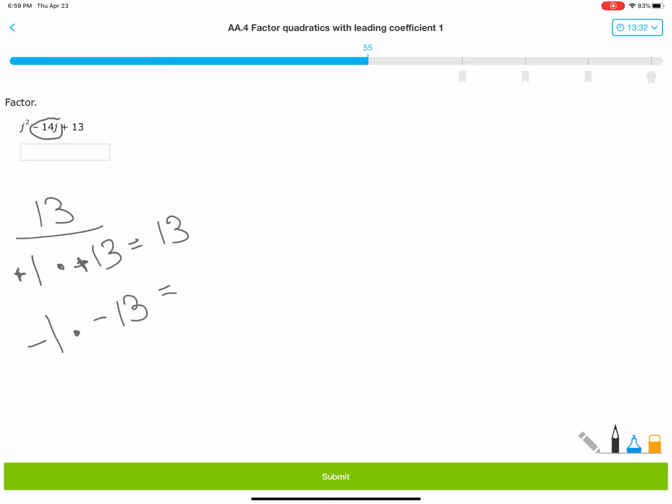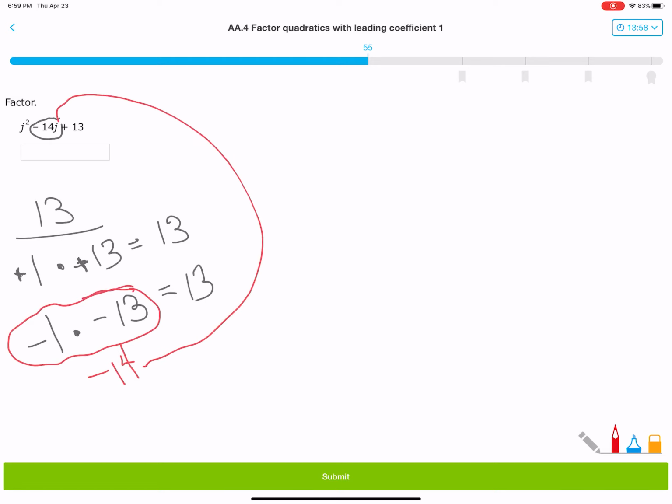I kind of skipped ahead here. Just talking about multiplying, negative 1 times negative 13 gives me that positive 13 as well. This second part now, where I combine these, is where the negative 14 comes from. And that's why I know that this second group here is the correct group to write.